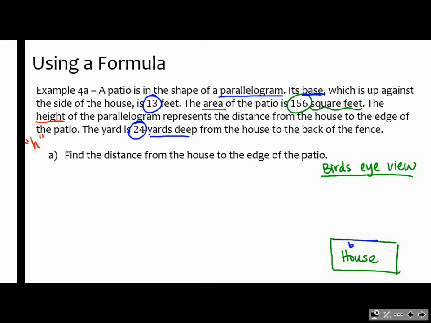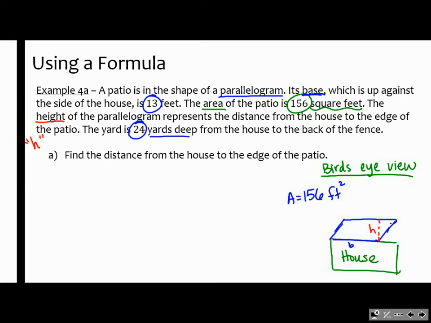They gave me the area of the patio, and it's hard to put areas on the pictures, so I'll just put it on the side. The height of the parallelogram represents the distance from the house to the edge of the patio. I'm going to draw mine as a standard looking parallelogram. I don't know why anyone would want that, but maybe they have a strangely shaped yard. The height is the distance from the house to the edge of the patio, so like that, H.